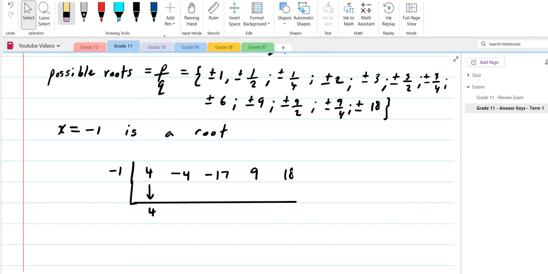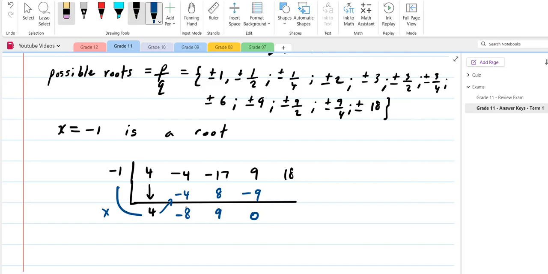That's all we need to do. Multiplication and addition. So we multiply these two and we add them up here. Multiplying these two, you get -4, add them up, you get -8. -1 times -8 is 8, add them up, you get 9, and -1 times 9 is -9, you add them up, you get 0. Something's wrong.